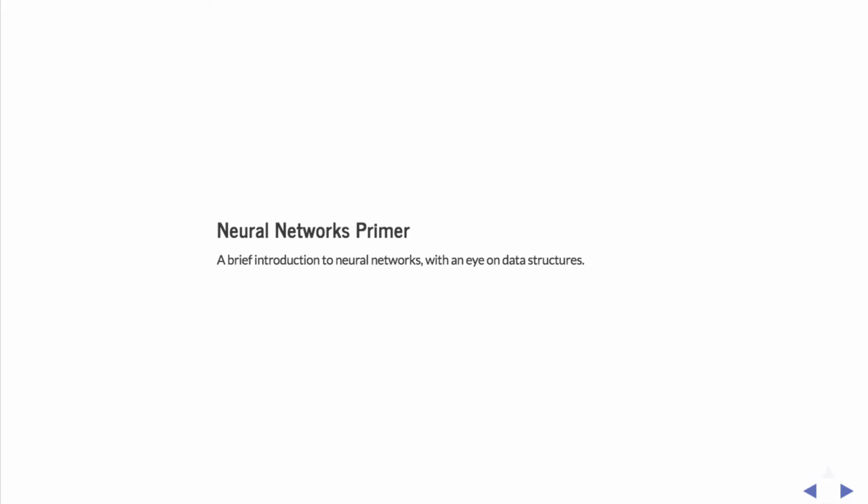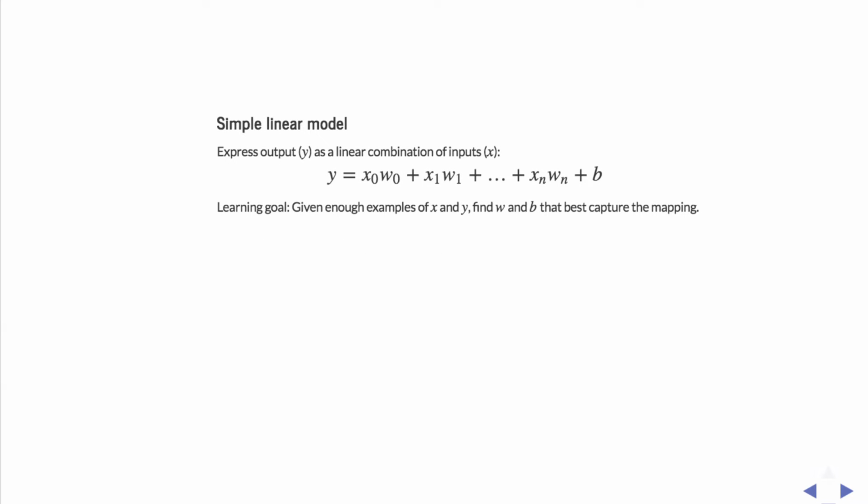So, a brief introduction to neural networks. I'm going to take one step back and first talk about a linear model. A linear model relates a bunch of inputs, which are x's here, to an output, which is y, such that each change in x linearly affects y.